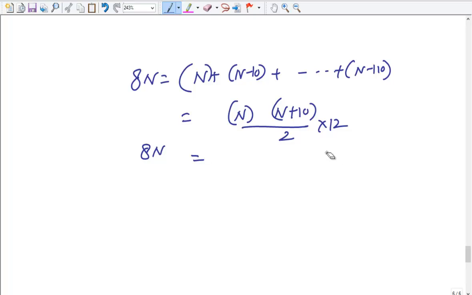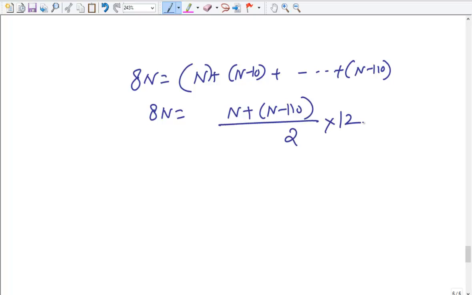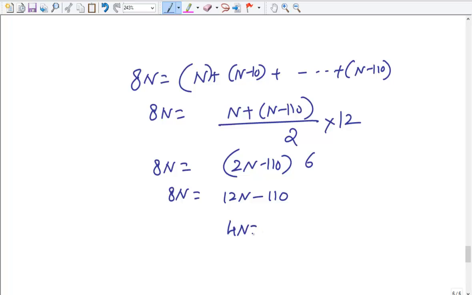That is 8n equal to first term plus last term, which is n plus n minus 110, by 2 into the number of terms. So 8n equal to 2n minus 110 into 6. So 8n is equal to 12n minus 660. So 4n equal to 660, n equal to 660 by 4.